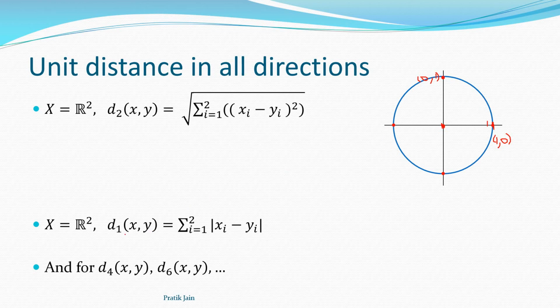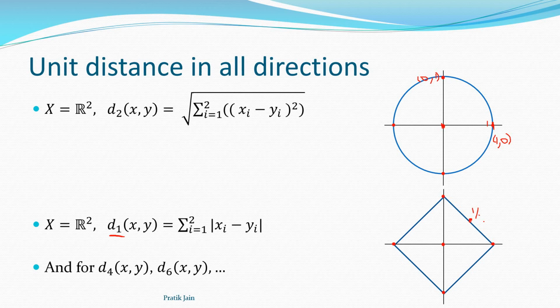But what will happen if you use a d1 distance? So you see over here things change. So over here you will get a square like this. Why? Because you are just adding. So if there is a point over here that is half comma half, this also has a distance of 1 from the center, because what is the d1 actually measuring?